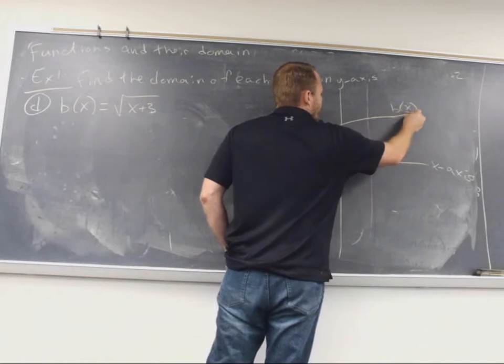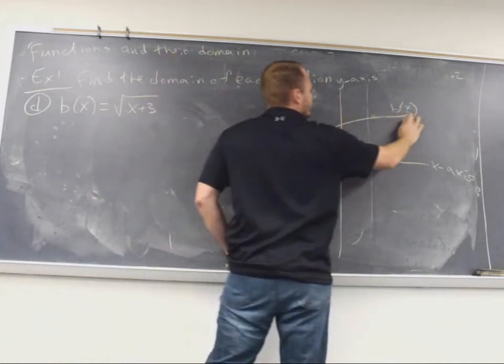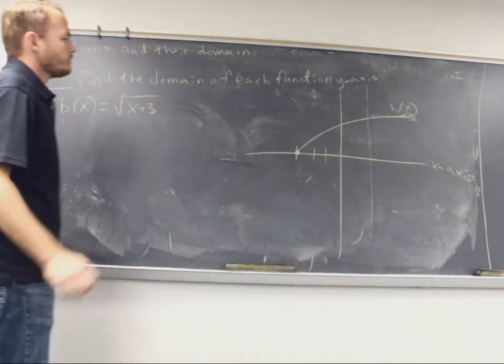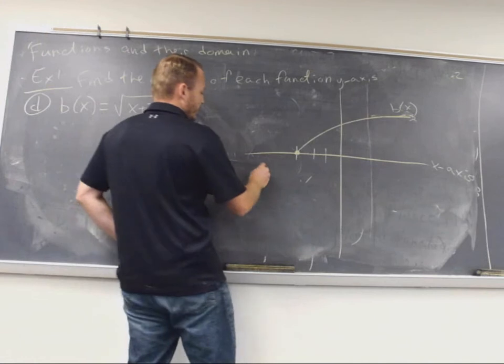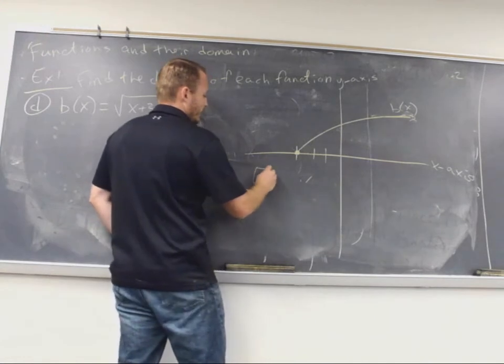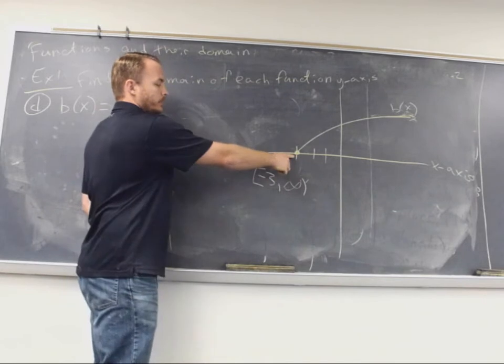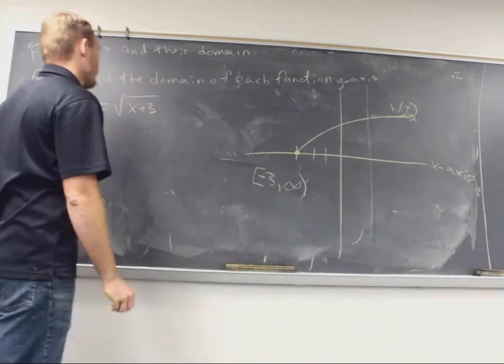It just keeps going up forever. So it keeps going forever to positive infinity. So we already know our domain just by looking at the graph. We know the domain would be -3 to infinity. I put a bracket because it's a solid dot, and I put a parenthesis always around infinity.